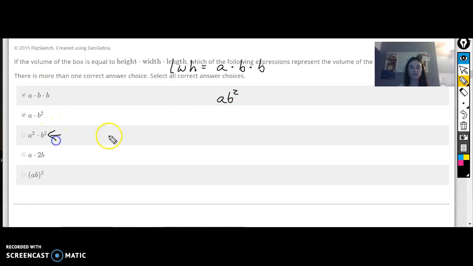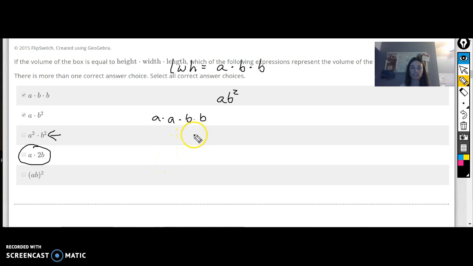We can't do A squared B squared, because if you expand it out, it looks like this. So that doesn't work. And this is the one that most students mistake here. They say, oh, it's A times 2B because there's two B's. But there's not actually two B's, there's B squared.